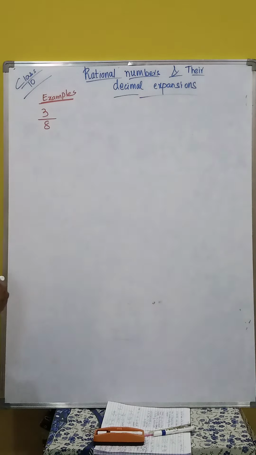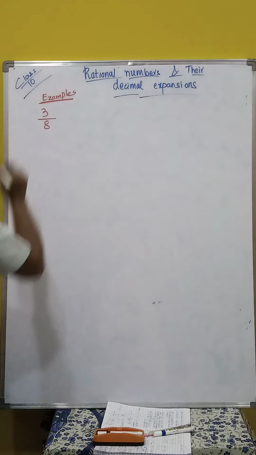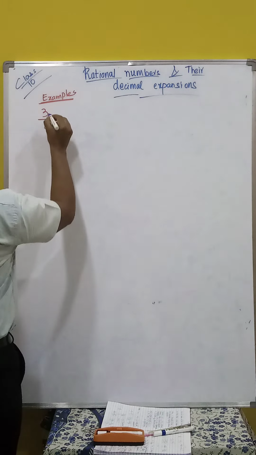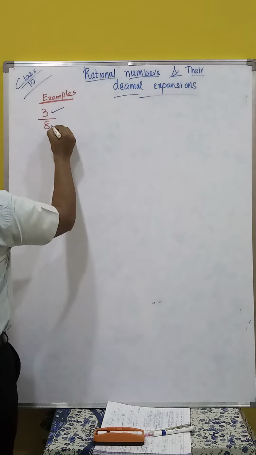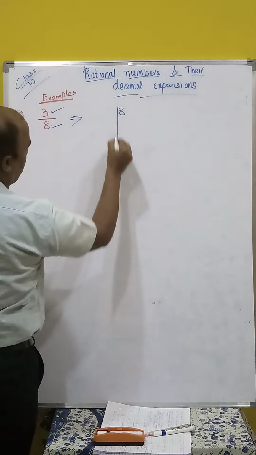Now students, we will solve one example using the two theorems. The given example is 3 by 8. We have to check whether it is terminating or non-terminating. Here the numerator is 3 and the denominator is 8. How to write 8 as factors?